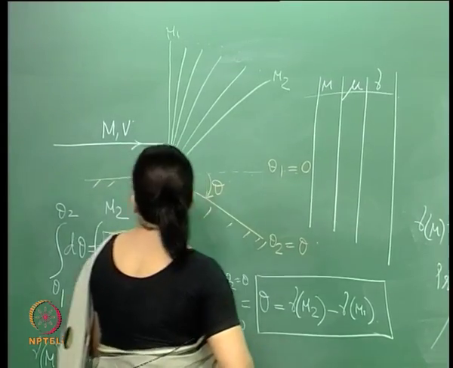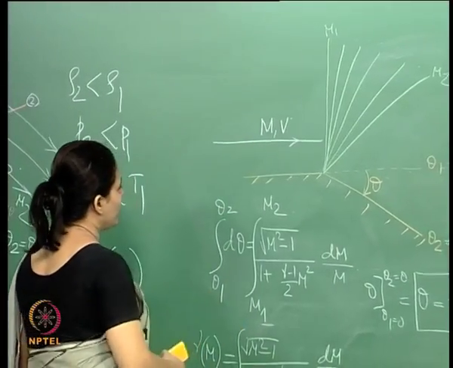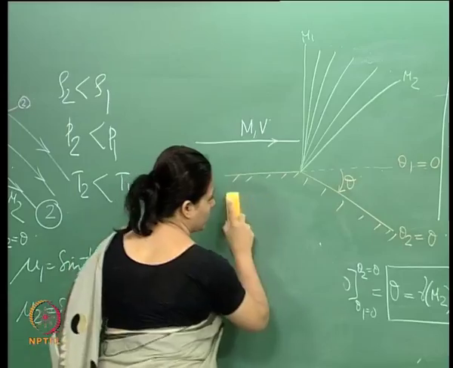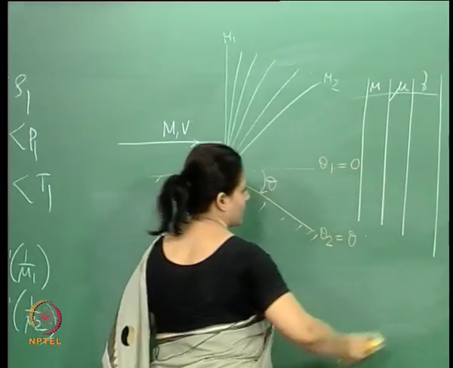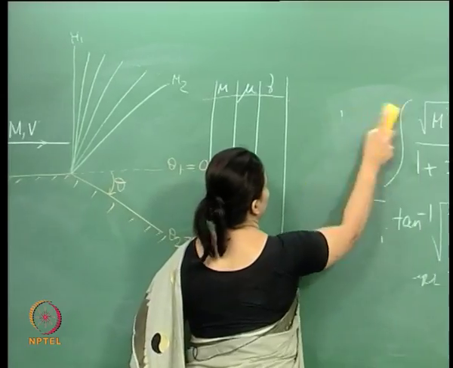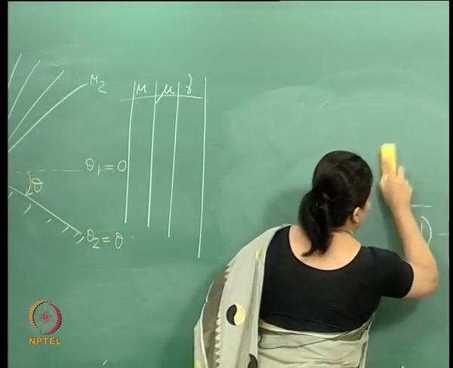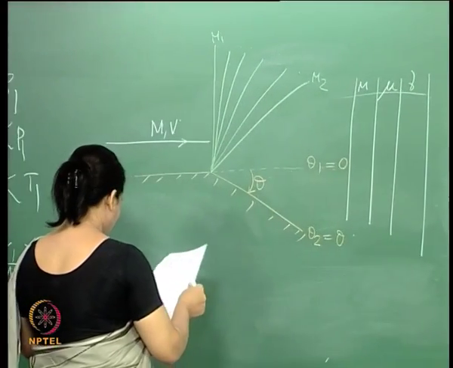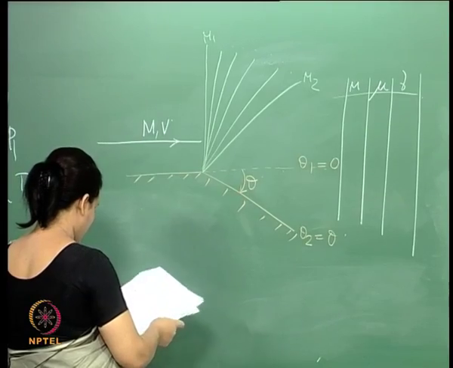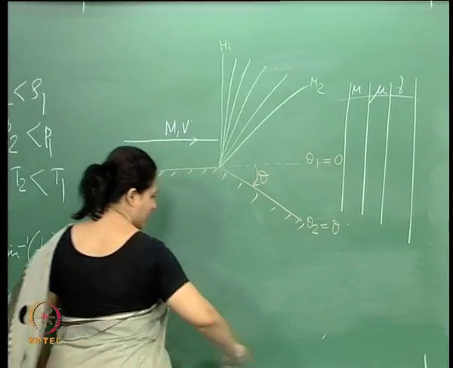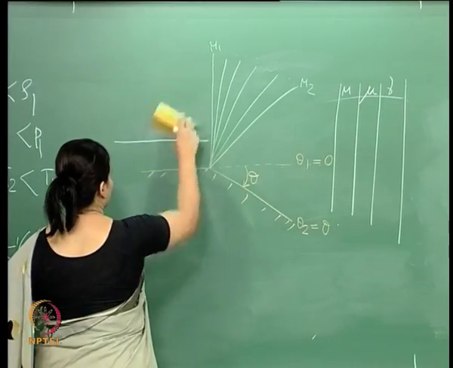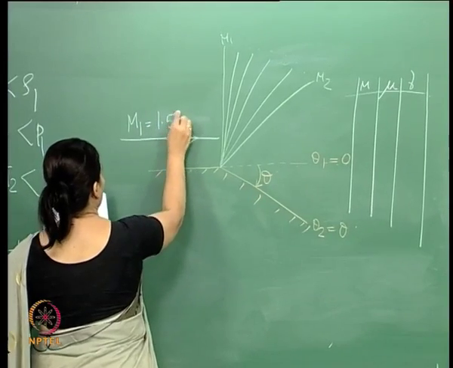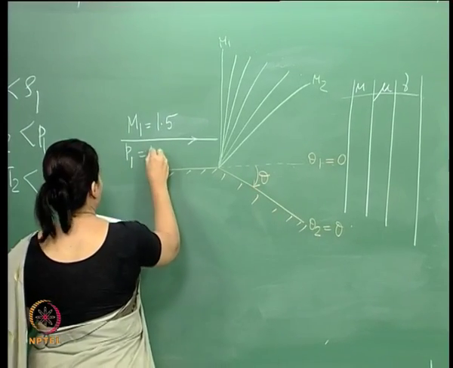Let us therefore look at a problem and see how we can use this chart. What is given is M1, which is 1.5, P1, and T1.